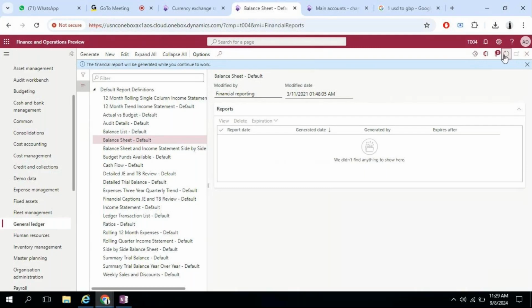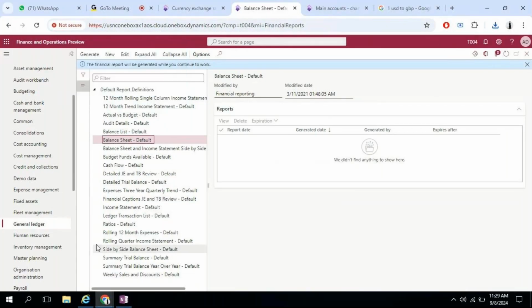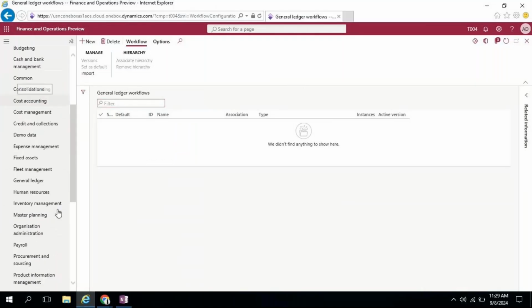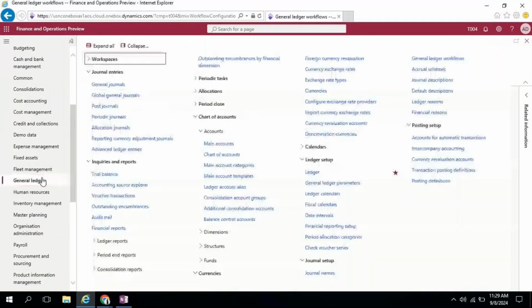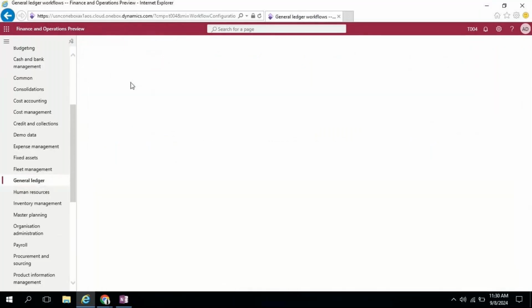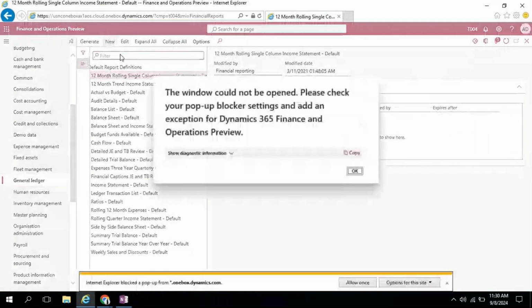Let us first complete it. If you click on the new button, an application will be enabled for you. But here the application is not getting enabled. I will check how we can enable that application. In the general ledger module, if you go to the financial reports and click on the new button, the window cannot be opened.